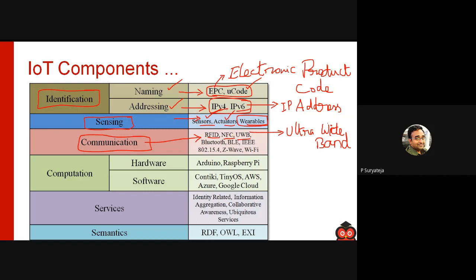Or we can use Bluetooth if the range is less, or if the devices are power constrained, we can use Bluetooth low energy, or we can use IEEE 802.15.4. We have seen this in the previous unit. Or we can use another thing called Z-Wave, or we can use Wi-Fi. All these things are alternatives for communication.